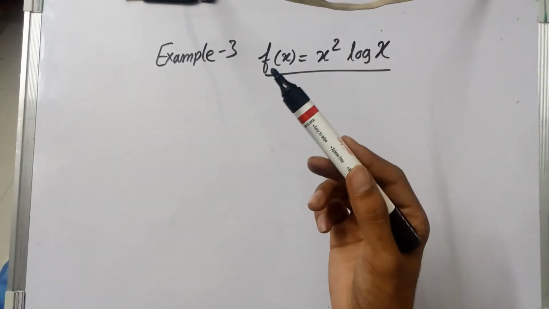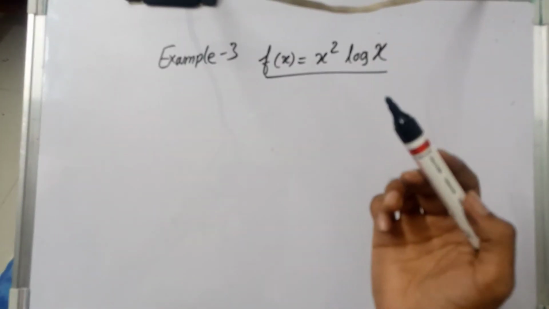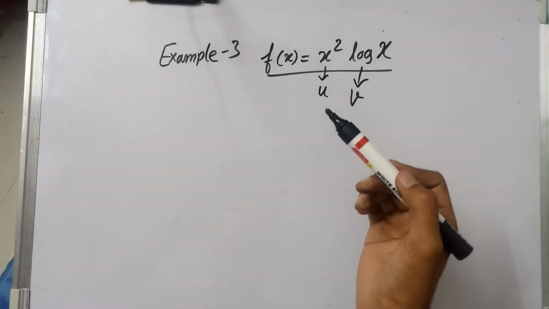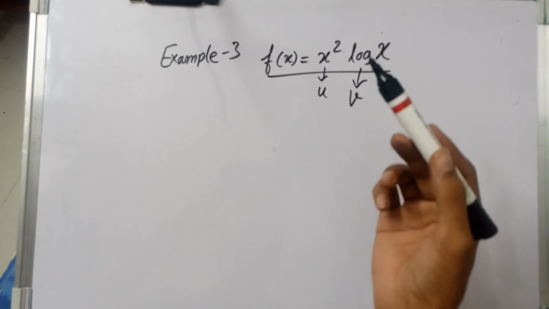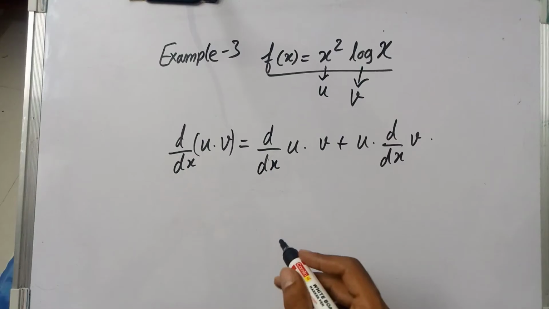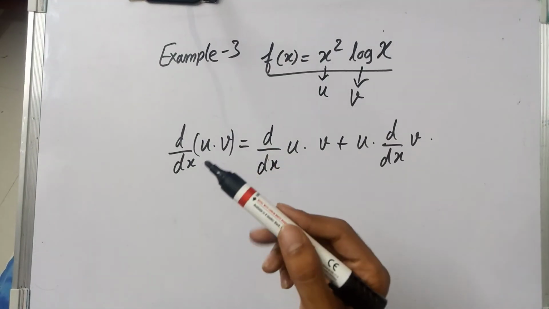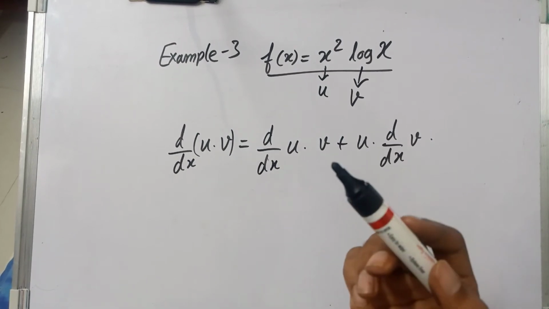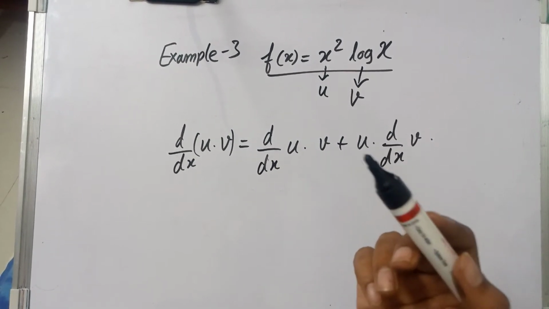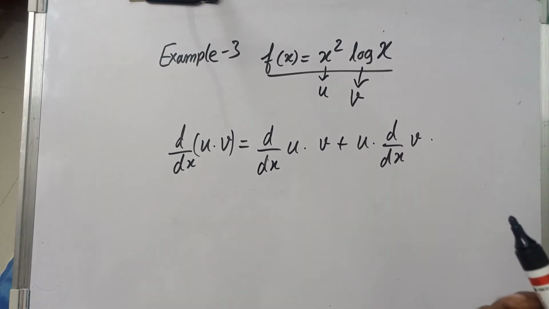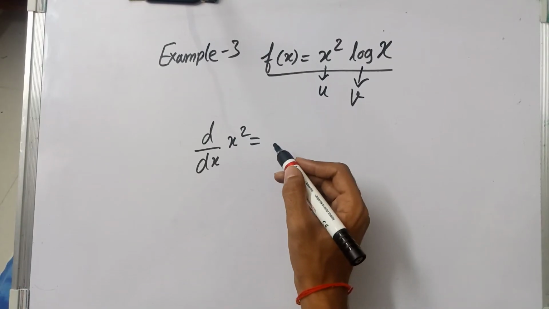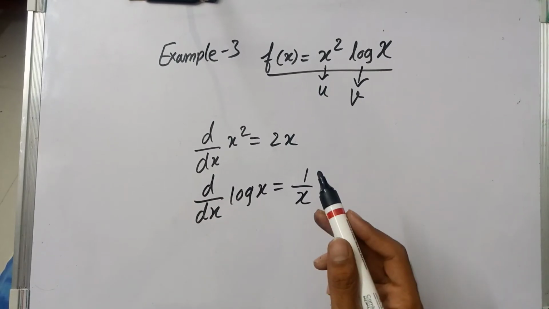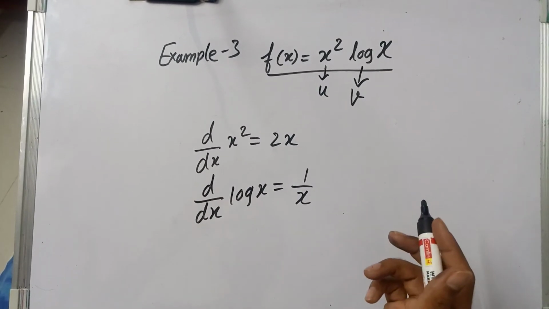Example 3. f(x) is equal to x square into log x. We take u is equal to x square and v is equal to log x. Remember, derivative of u into v is derivative of u into v plus u into derivative of v. Derivative of x square is 2x and derivative of log x is 1 upon x.